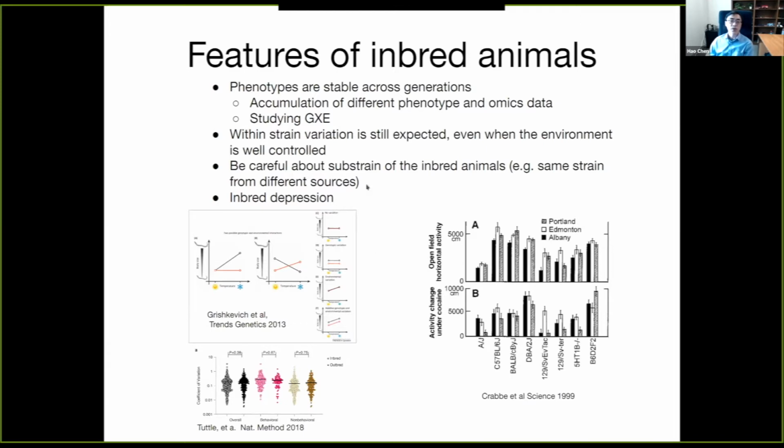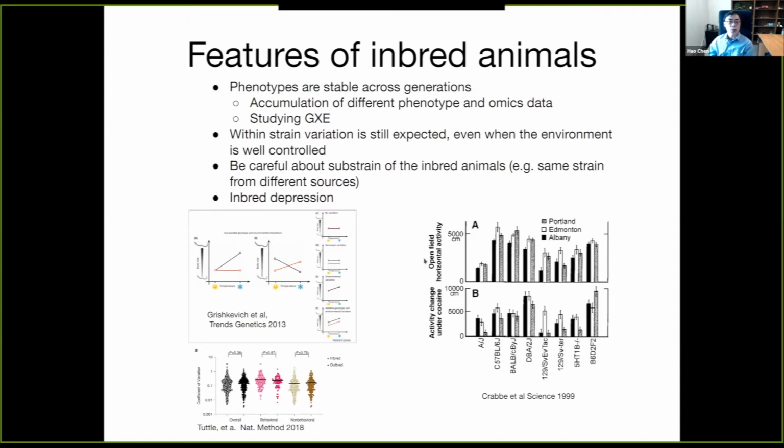So with this stable phenotype, you can start to think about how to accumulate different phenotypes from the same individual. For example, you can study them under different conditions and study gene by environment interactions, or you can use different types of data and study, for example, phenotype to phenotype correlations, and you can also pile on omic data and study different molecular mechanisms.